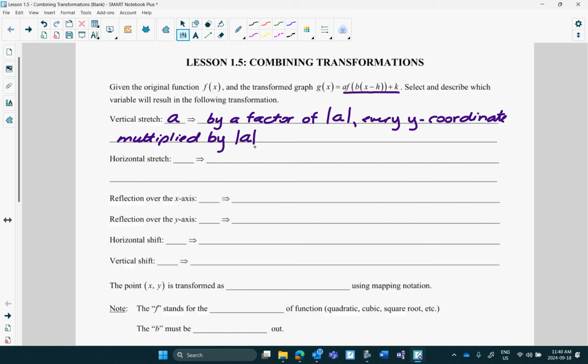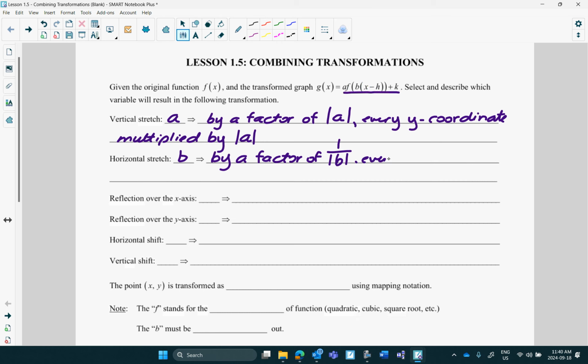Which letter represents a horizontal stretch? B. By a factor of what? 1 over B. That's when we take the reciprocal or flip the number. And again, technically it should be absolute value because the negative means a different transformation.